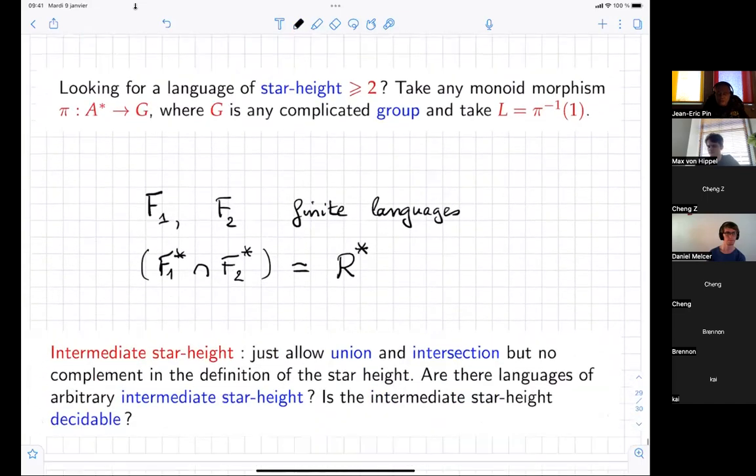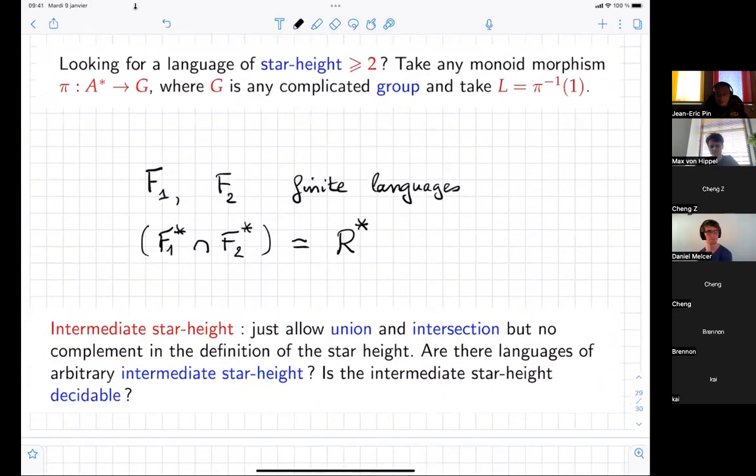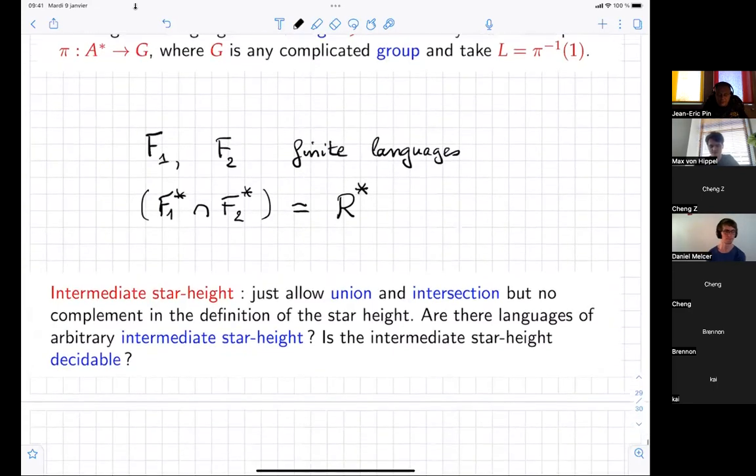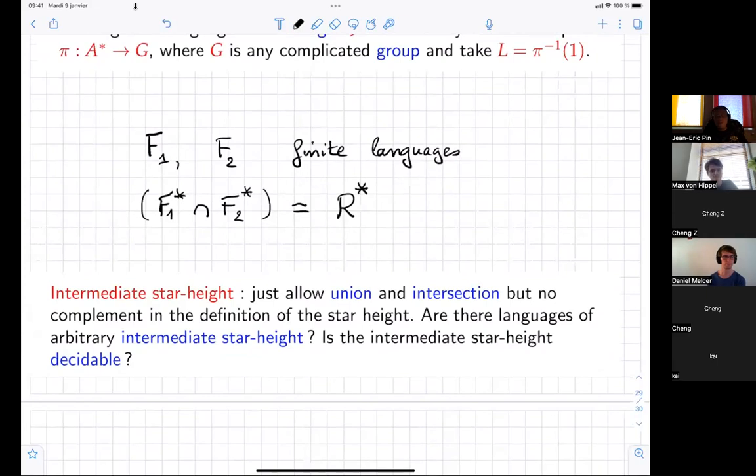Just in this direction, this will be my last comment. You can look at this intermediate star height problem, where you ignore complement but allow union and intersection in the definition of the star height. Even this one is unknown.